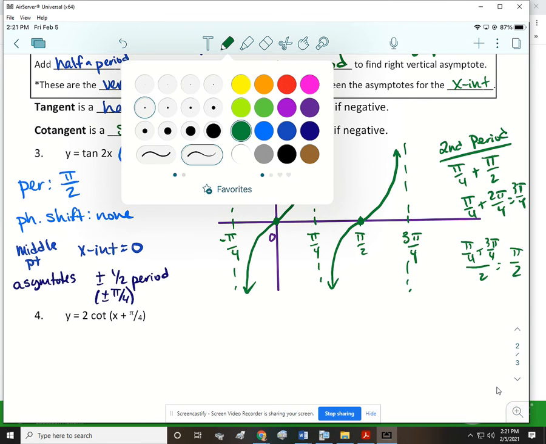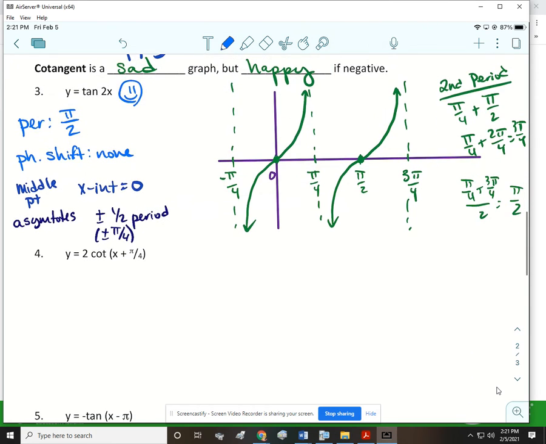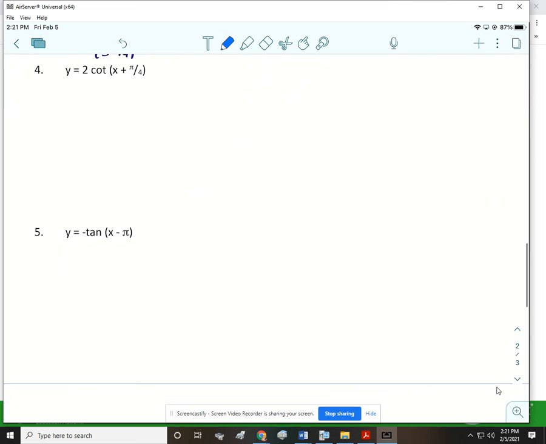All right, let's look at the next one. So this is a cotangent. It's a positive cotangent, so it's a sad graph. When I go to do the period, it's pi divided by the coefficient of x, which is just going to be pi. This one does have a phase shift.